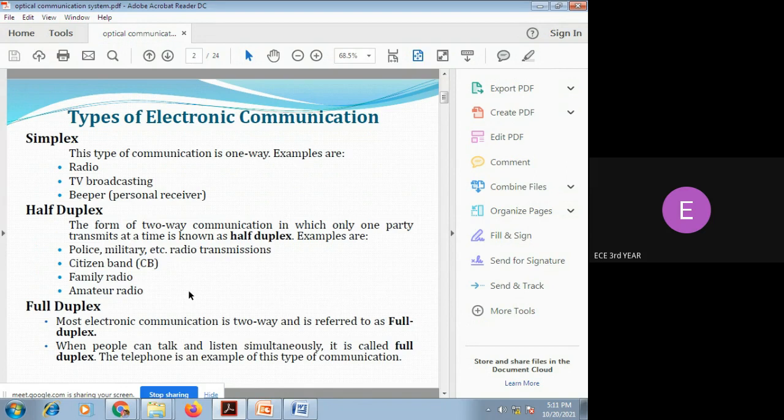It is two-way communication, so sending or receiving information either one side, not both sides at once. Example, walkie-talkie communication. Third one is full duplex communication. It is a two-way communication, sending and receiving the information simultaneously on both sides.